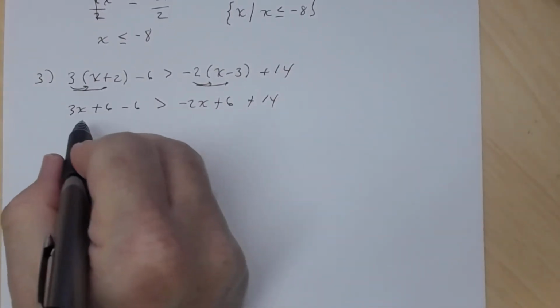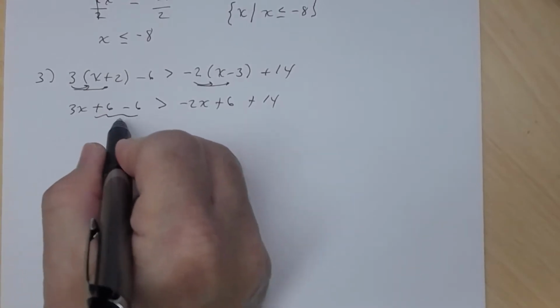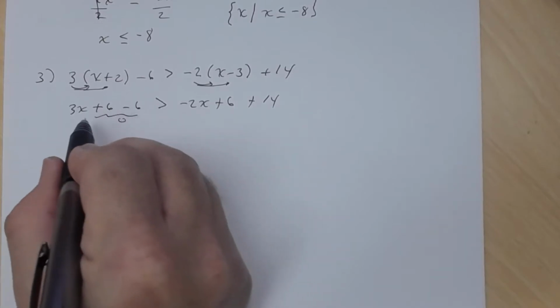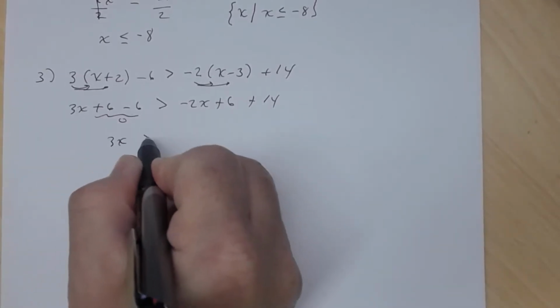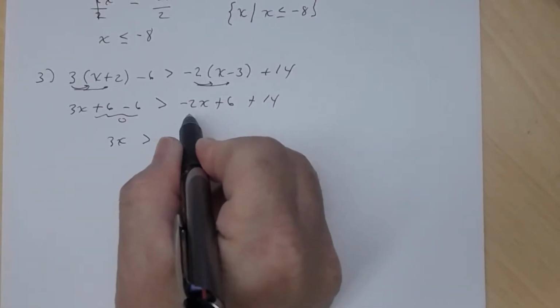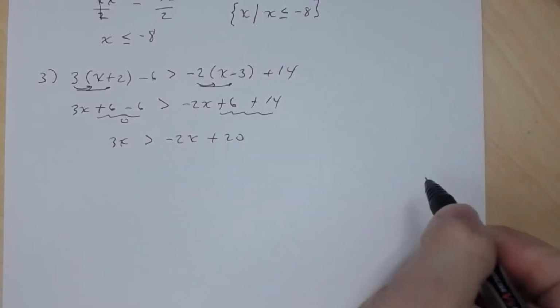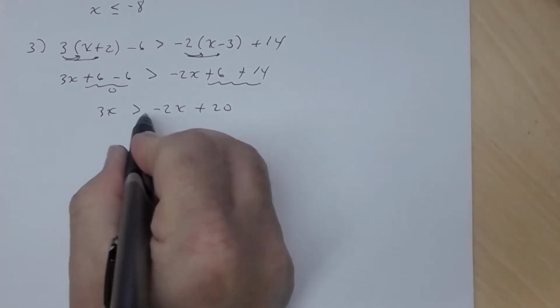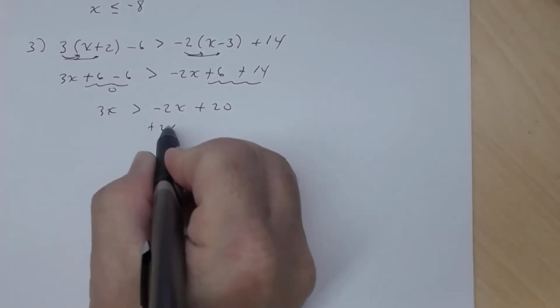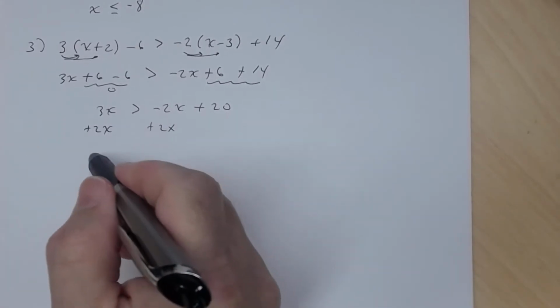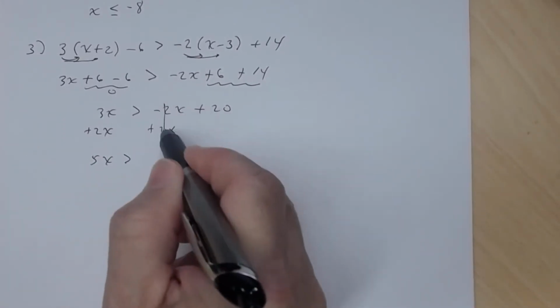All right, combining like terms, positive 6 and negative 6 is 0, so all you're left with on this side is 3x is greater than negative 2x, and then 6 and 14 is 20. All right, let's bring the variables to the left. So adding 2x to both sides, and then combining like terms, I get 5x is greater than 20.